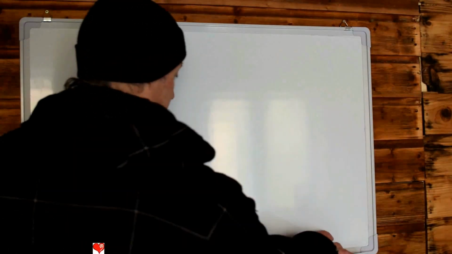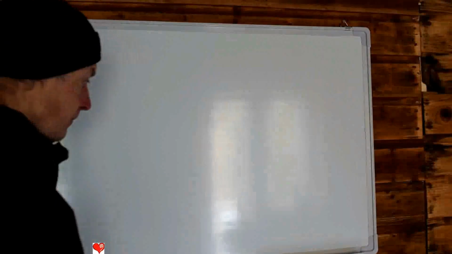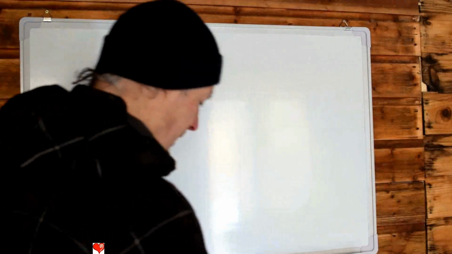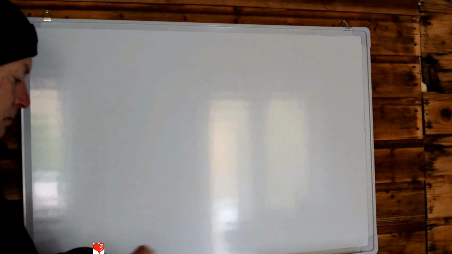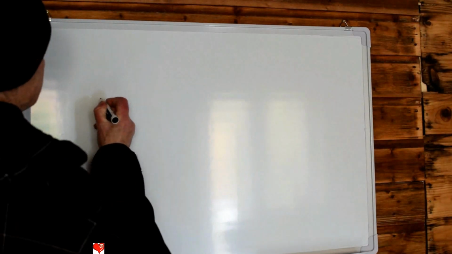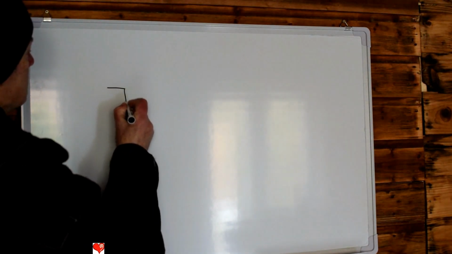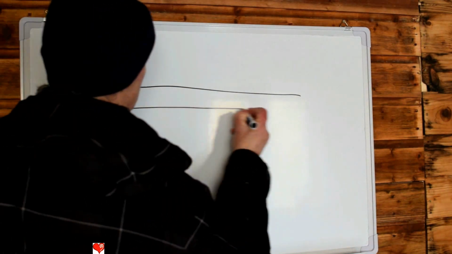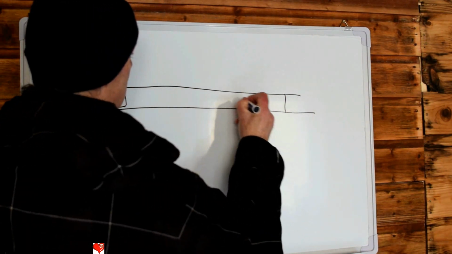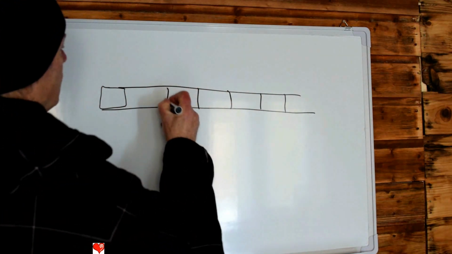In saturated fat, you have, let's just say, a ladder, easiest way. In a saturated fat, you have a ladder of carbons.